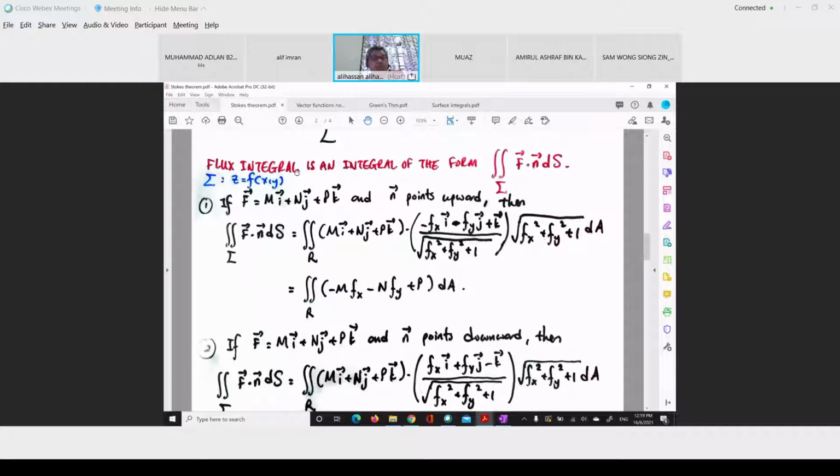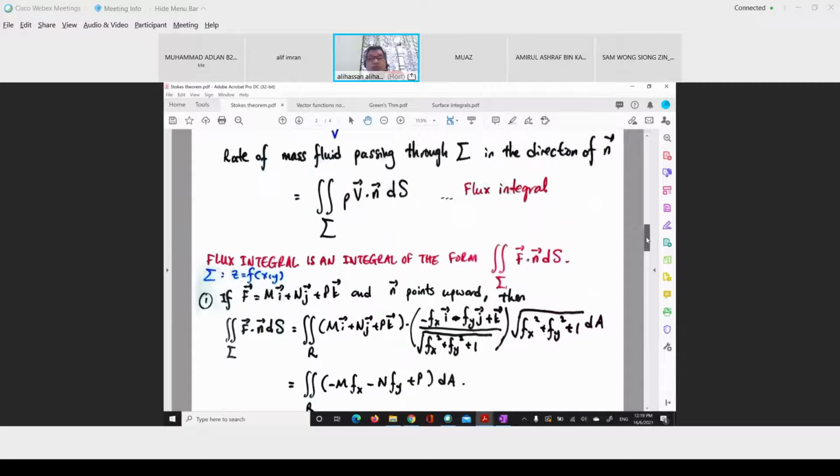So generally, a flux integral is an integral of the form of a capital vector field F dot n. Now I'm going to replace this rho times vector field v by a capital F. So more generally, a flux integral has this form: the surface integral over a surface sigma of vector field F dot n.